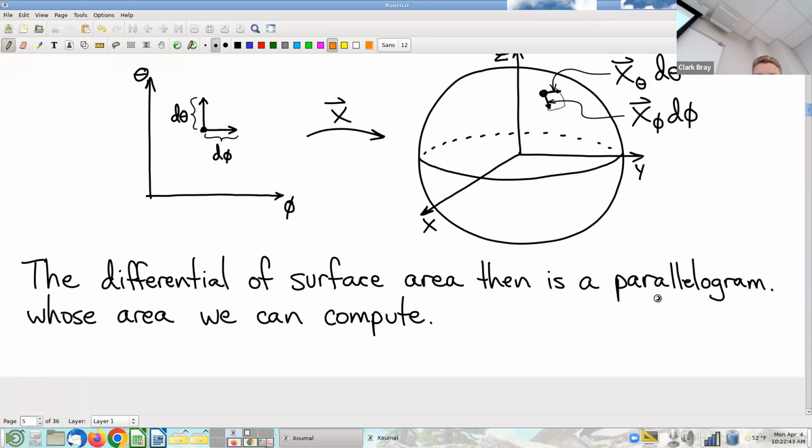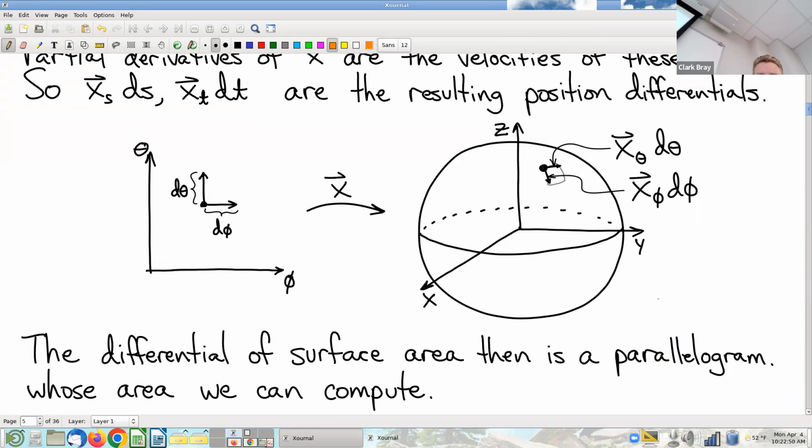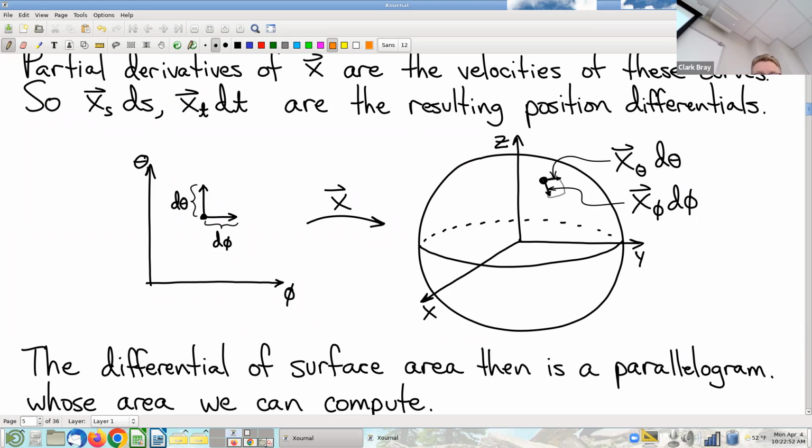Okay, so we actually now have what we need to start talking about surface area, believe it or not. So the big idea then is, let me scroll down to where I have the picture already drawn.